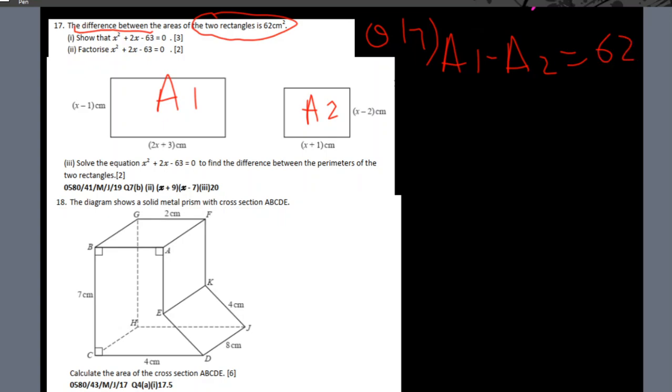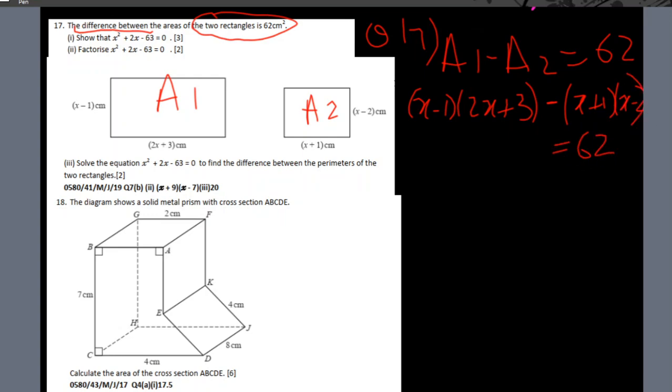How do I write A1 in terms of x? That would be length times width simply. So x minus 1 times 2x plus 3, and then minus A2, which is x plus 1 times x minus 2, equals 62. Now we need to open the brackets and simplify.